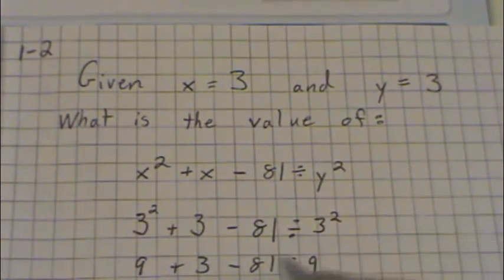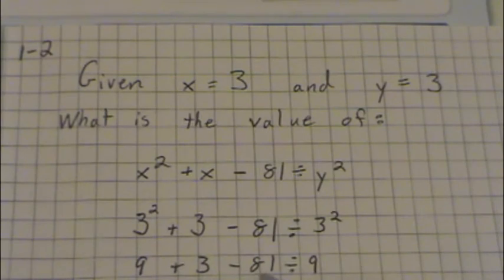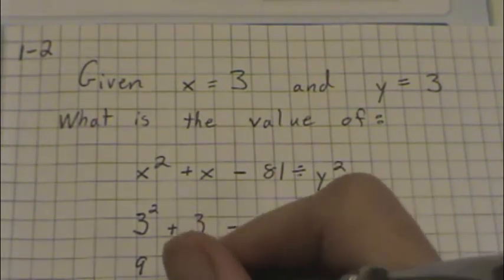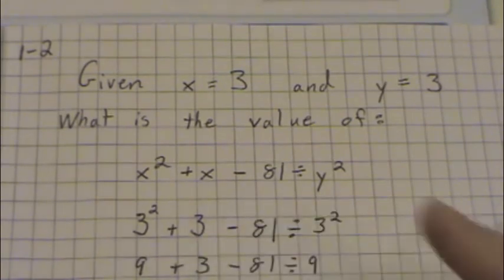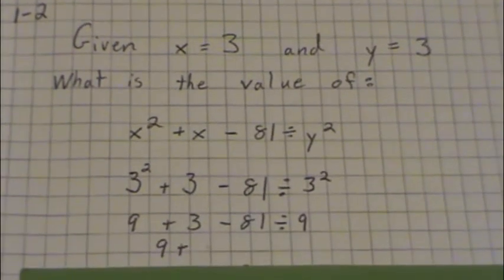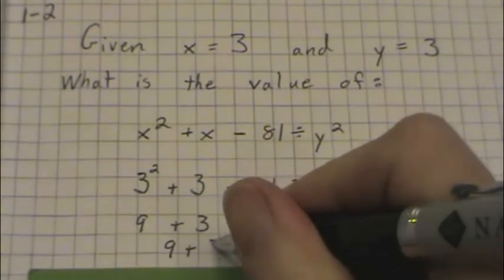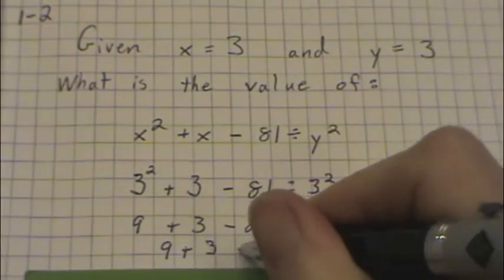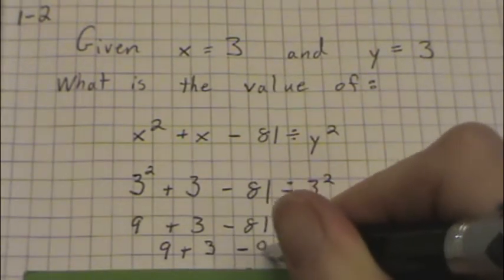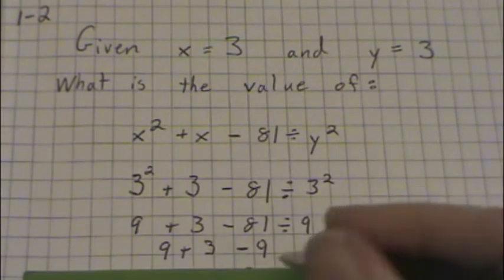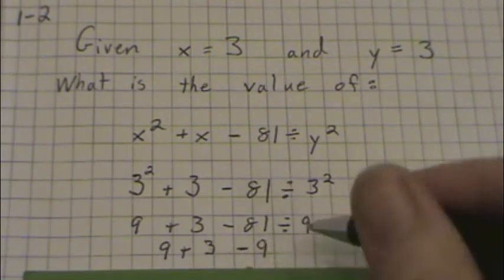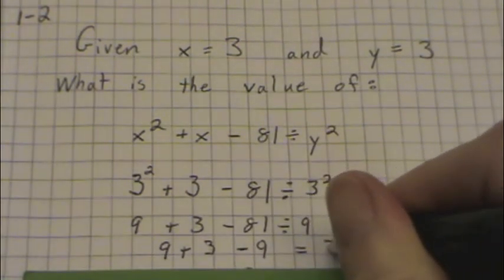Okay, we can't add those yet. We can't subtract that yet. We've got some division here. So next, 9 plus 3 minus 81 divided by 9, which is 9. The answer to that is 3.